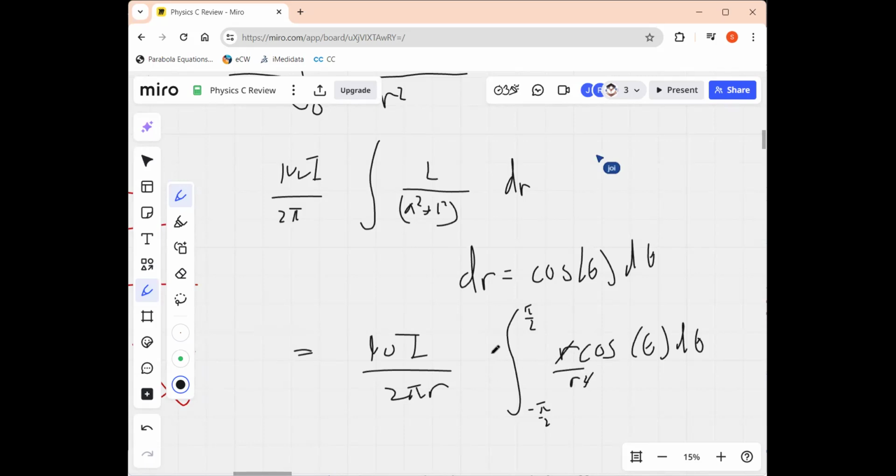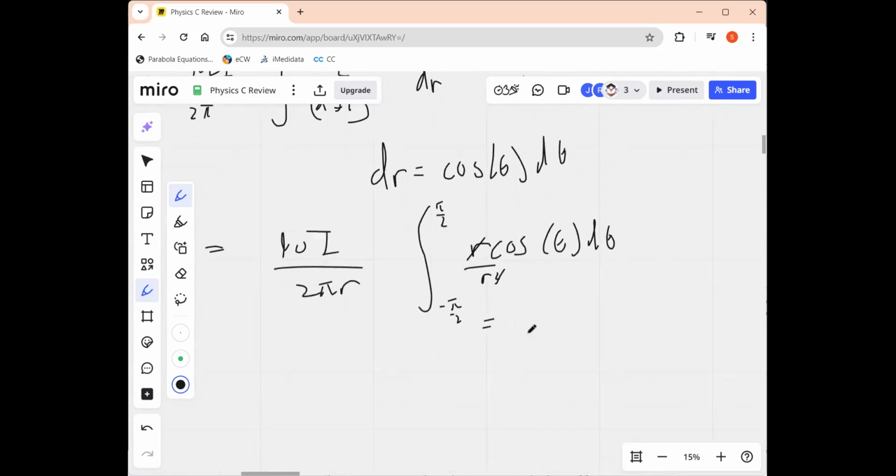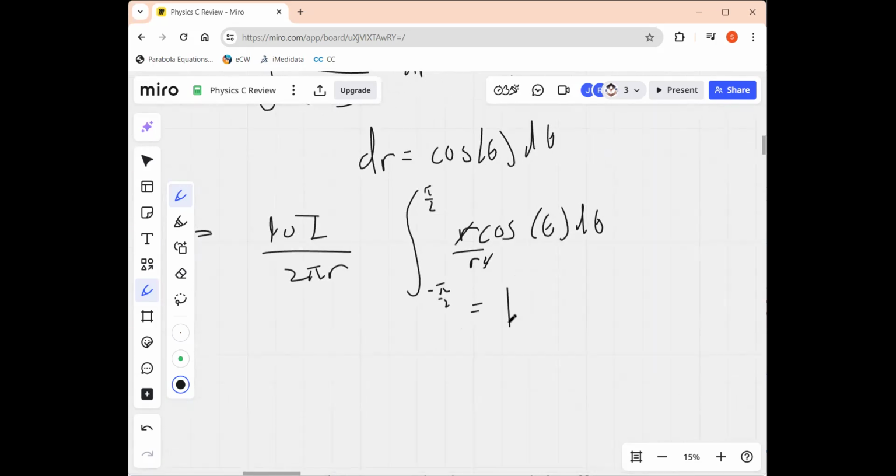So we can bring the r out to this, and that's equal to 1. So mu naught I over 2 pi r is our magnetic field.